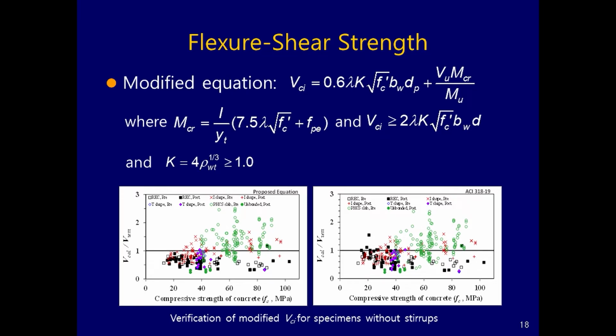The lower bound of Vci is the same as RC, similar to RC except for the K factor. So with the modification, in comparison with the existing database, its impact on the calculated to test-measured shear strength ratio would be minimal.